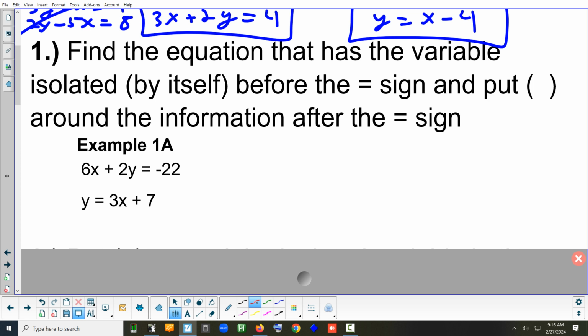I want to put parentheses around the information after the equal sign. In the bottom equation, what's the information after the equal sign? -22. That's the top. In the bottom. 3x plus 6. Yep. That's all I want you to do in step 1. Find the equation that has a letter by itself and put parentheses around the information that comes after it.